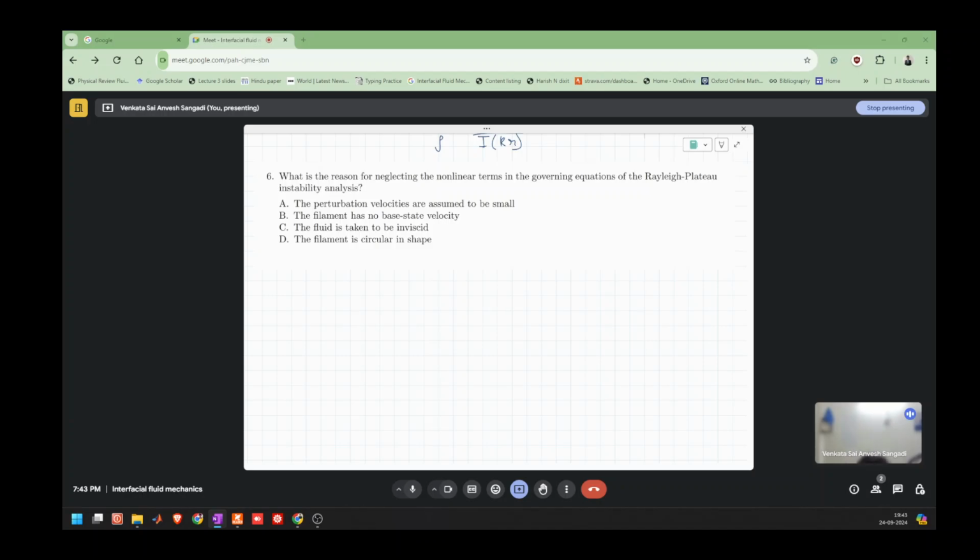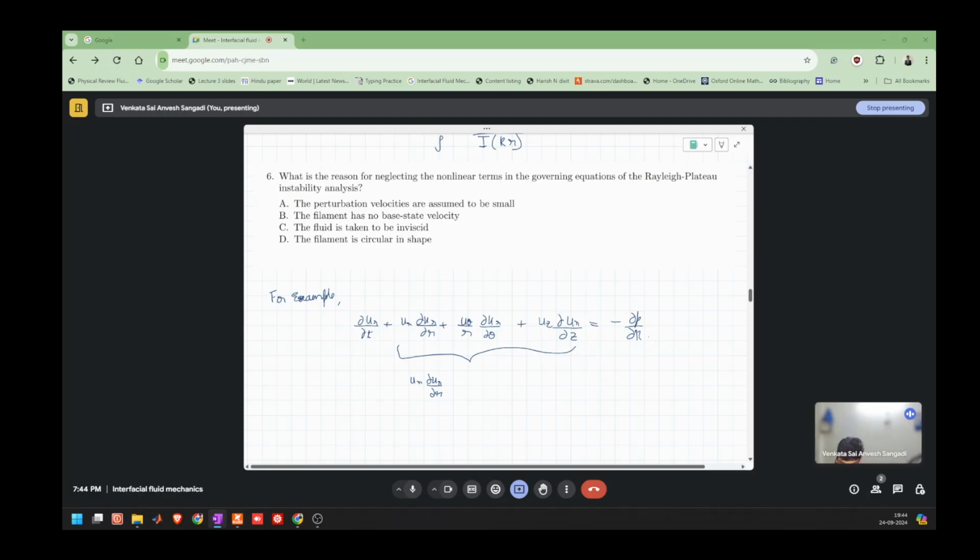As we just saw in the above question, for example, del UR by del T plus UR del UR by del R plus U theta by R del UR by del theta plus UZ del UR by del Z is equal to minus del P by del R. So in this equation we have terms such as UR into del UR by del R.